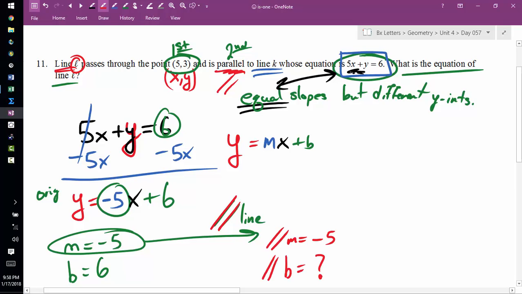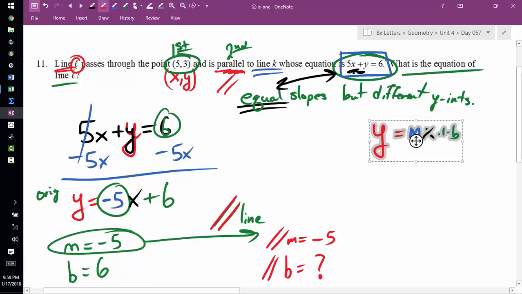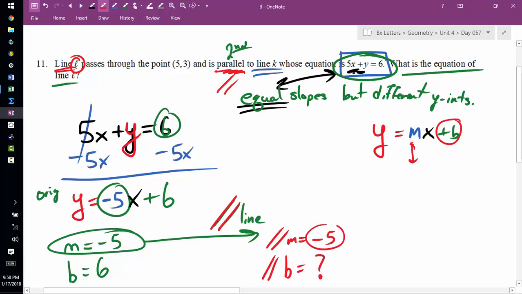But we can use the equation of any line to help us figure out what our y-intercept is. Because the y-intercept is the variable we're going to look for. Because if we think about it, I know my m value. I know my m value needs to be minus 5.